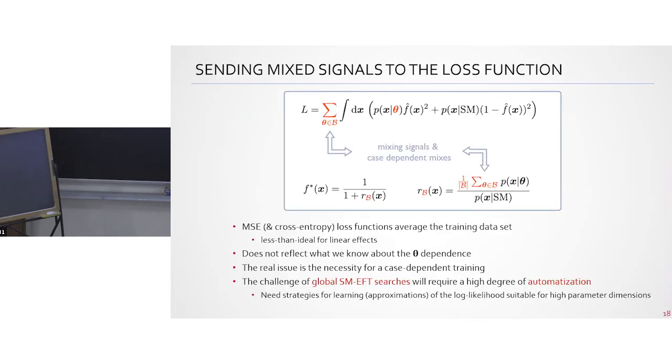But if you think about what is happening here, there is a sum over training points. I call this theta, the parameter point, which is summed over the training points that were chosen. What happens here is that you actually learn the average of the signal simulation.